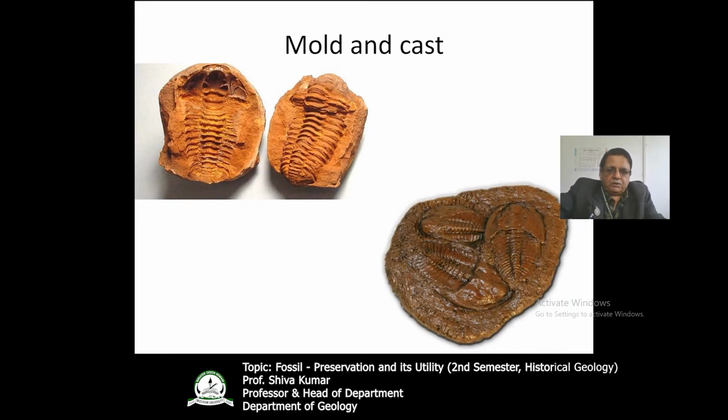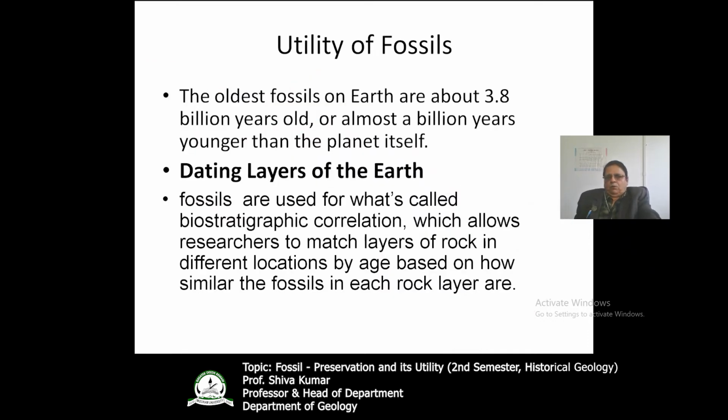Like this. He is very interesting, and most of the fossils are looking like this. Now, we come to utility of the fossils. The oldest fossils on the earth are about 3.8 billion years old, or almost a billion years younger than the planet, the origin of the earth.